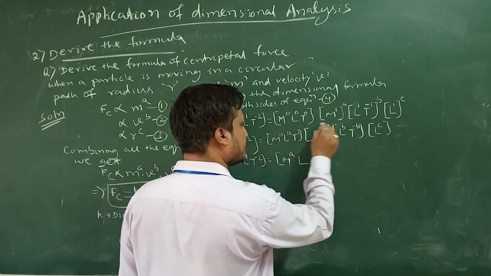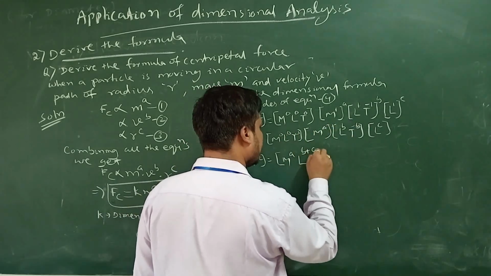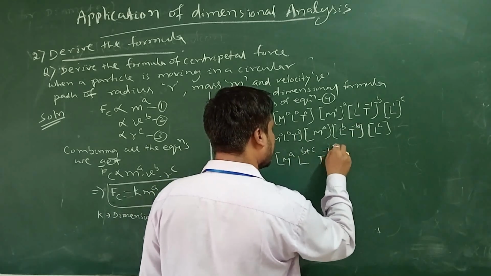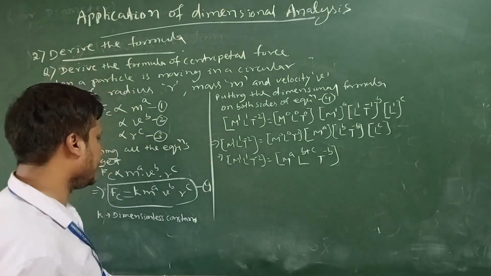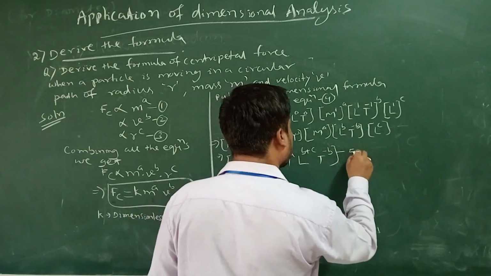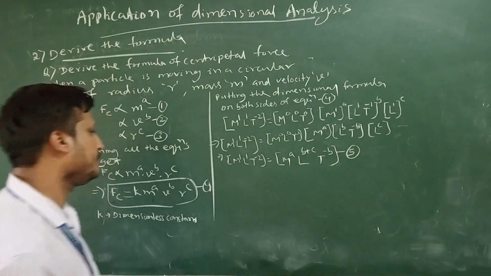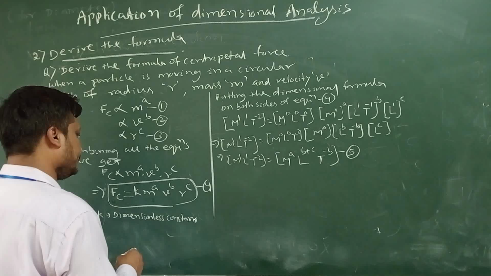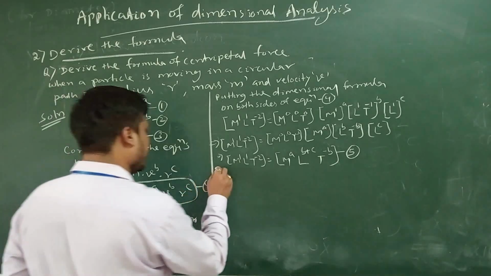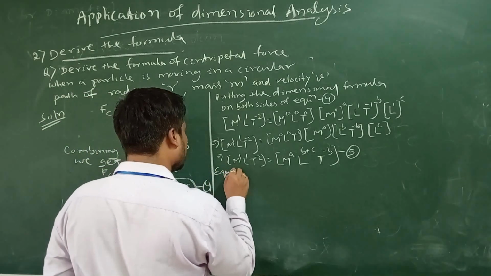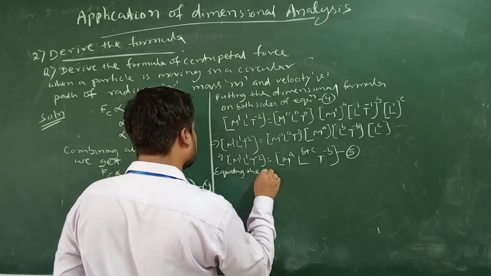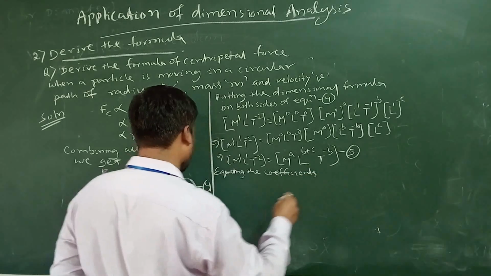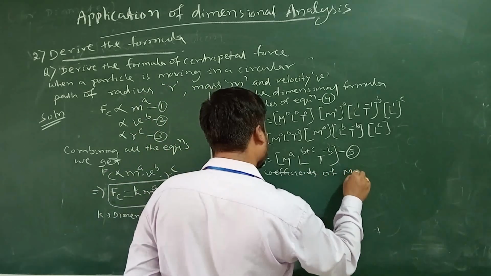L, 0 plus b plus c, so b plus c. T, 0 minus b. This is equation number 5. In the next step, what will we do? Equating the coefficients of M, L and T.